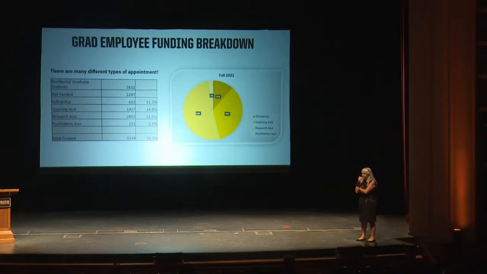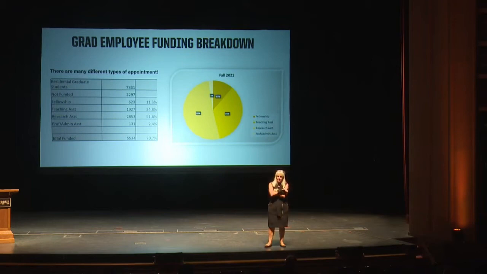These are the numbers on the funding that we talked about this morning. Some of you may be on true fellowships. Do we have anyone here listed as a true fellow? There are fellowships that are administered as assistantships, and if we administer you as an assistantship, then you get the assistantship benefits.